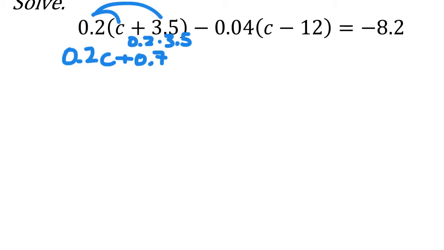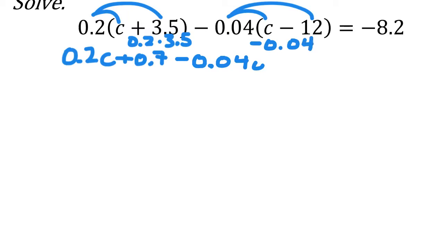Now this next set of distribution, it's not 0.04, it's negative. Because remember, terms take the operation immediately to its left as its sign. So it's a negative 0.04 times c first, which would be negative 0.04c, like this. And then we also have negative 0.04 times negative 12.